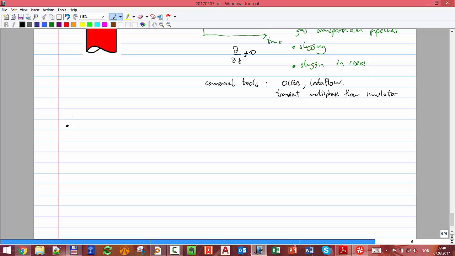Okay, and now on the other thing, there are two approaches to study or to analyze multiphase flow.